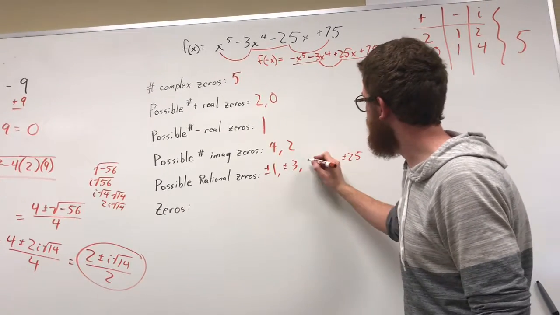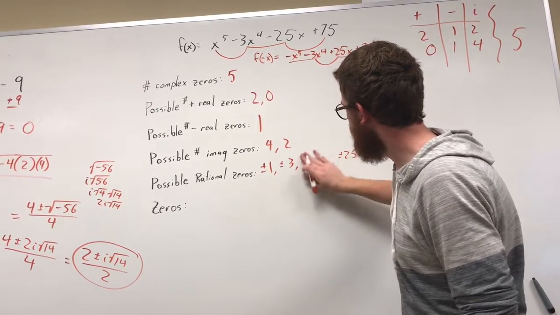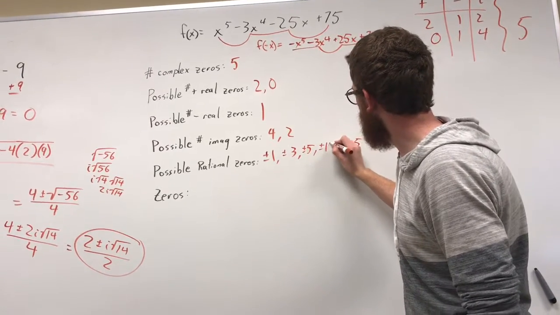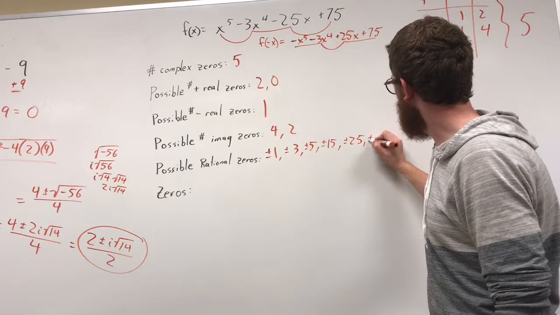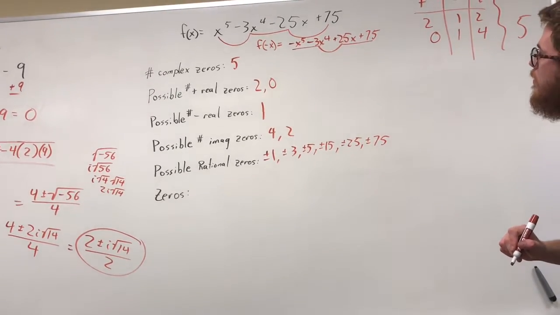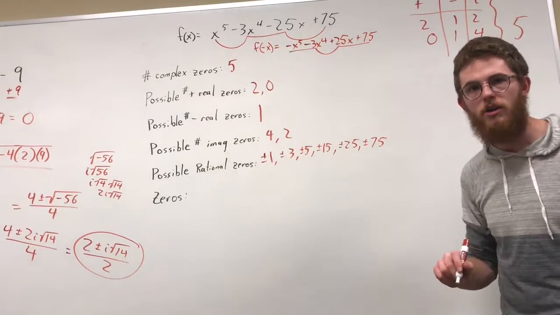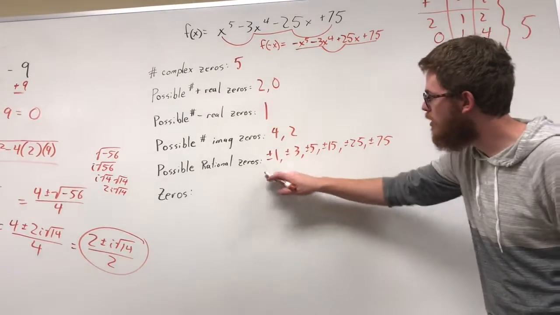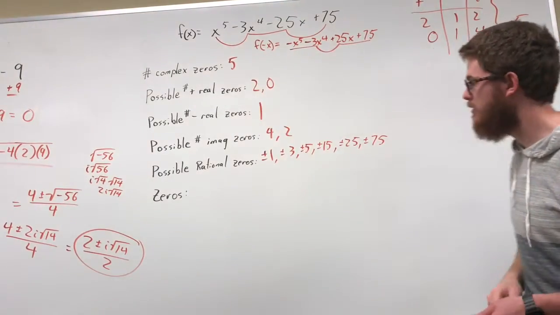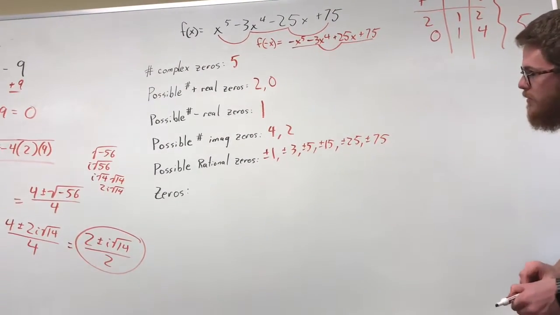We've got 5 and 15, so this could be positive and negative 5, positive and negative 15, positive and negative 75. Can't think of anything else that goes into 75, so here are our possible rational zeros. Again, the factors of our constant over the factors of our leading coefficient.